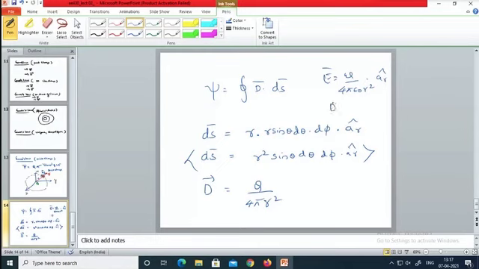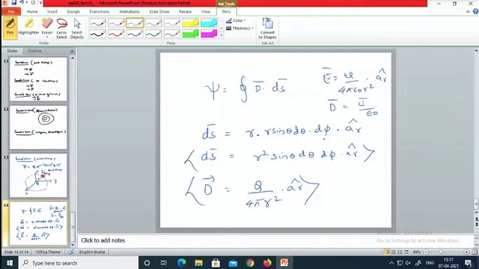So D is epsilon naught times E, so therefore you get Q by 4 pi r square into a_r cap. So this is my D vector. Now just multiply these two and take an integration over two quantities, one theta and one phi.